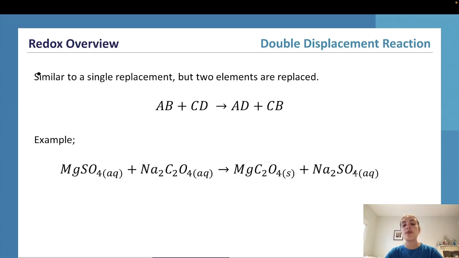Each oxygen has its charge of -2, so -2 times 4 gives us -8, +2 gives us -6, and then the sulfur is going to be +6. And so that also remains the same. It appears that we don't actually have a redox reaction occurring within this reaction.